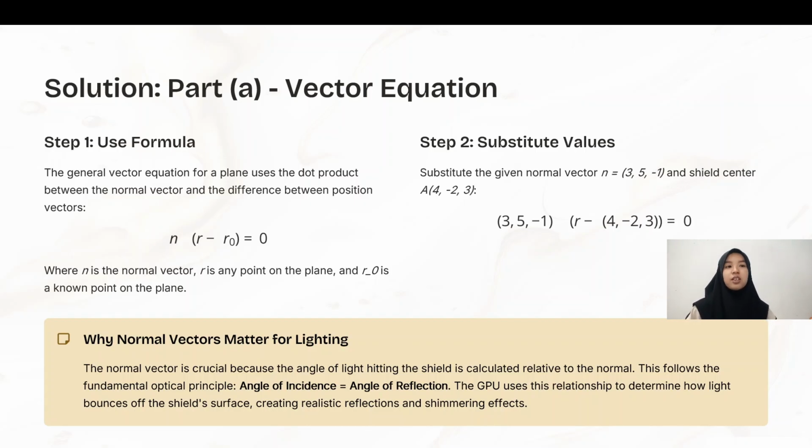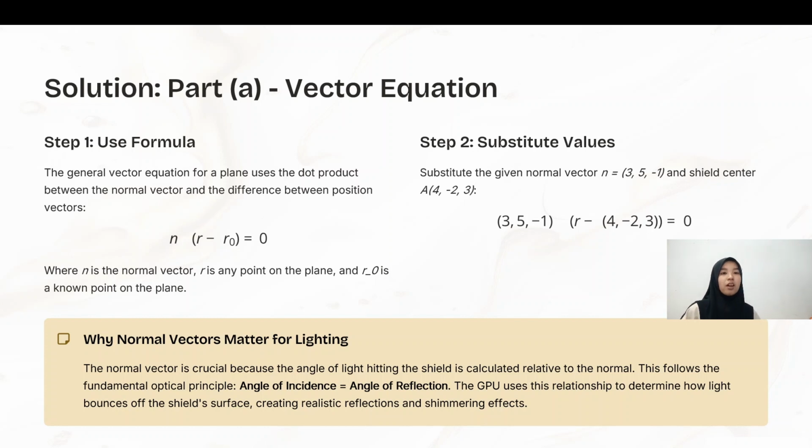Okay, and then we answer the question, why normal vectors matter for lighting, which means why the developer or designer uses the normal vector for lighting. The normal vector is crucial because the angle of light hitting the shield is calculated relative to the normal. This follows the fundamental optical principle, which means angle of incidence equals angle of reflection. The GPU uses this relationship to determine how light bounces off the shield surface, creating realistic reflections and shimmering effects.